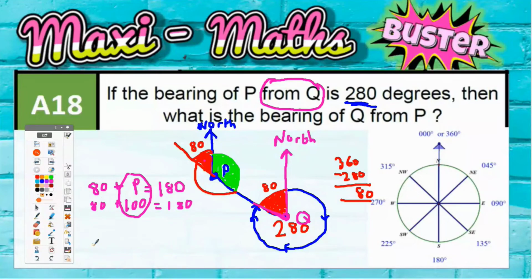The bearing of Q from P is 100 degrees. That is the angle that Q is pointing in from P's north line.